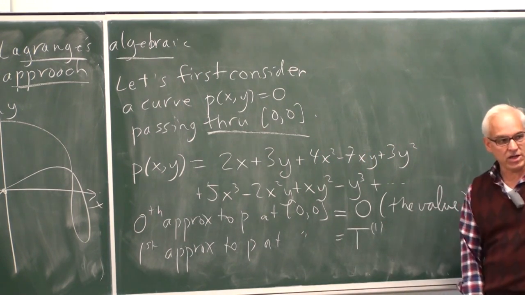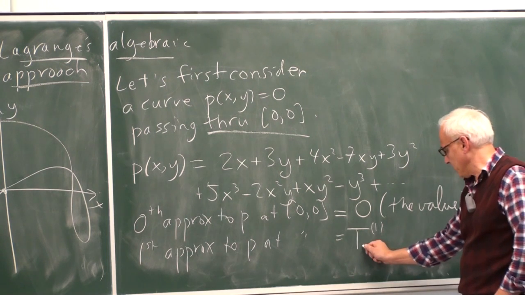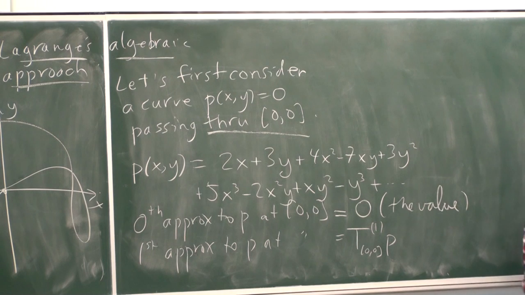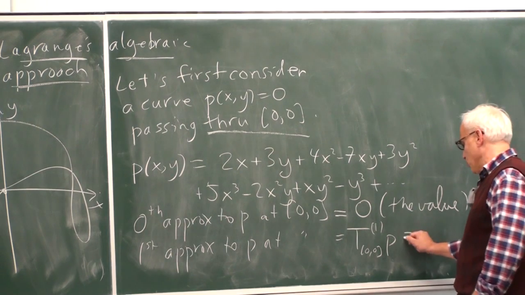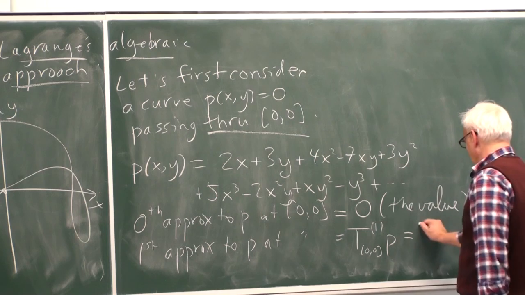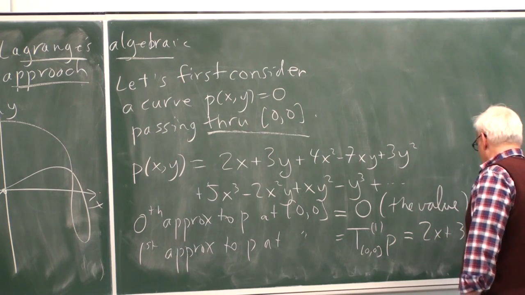So the first approximation, we'll put the point here, 0, 0, and there's the curve that we're taking the approximation of, and that is going to be just the linear part of this. So 2x plus 3y equals 0.